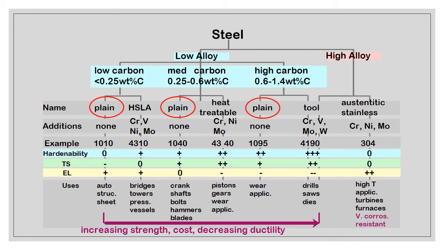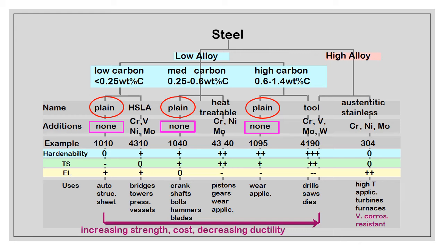There are two types: low carbon, medium carbon, and high carbon steel, which is plain steel, and other types of steel. So what is the difference? Plain steel actually has no addition of alloying element into the metals. For alloy steel, we have austenitic stainless steel and also tool steel.